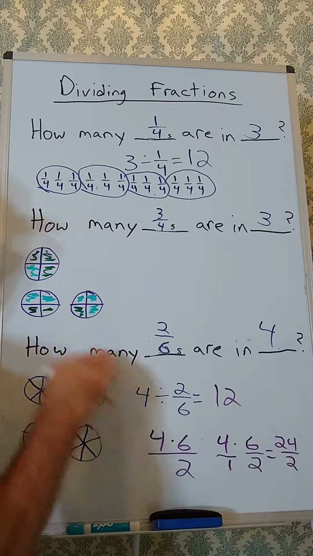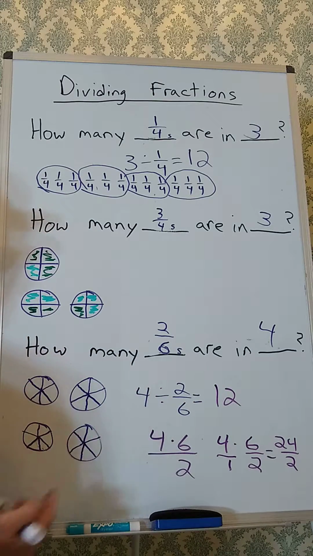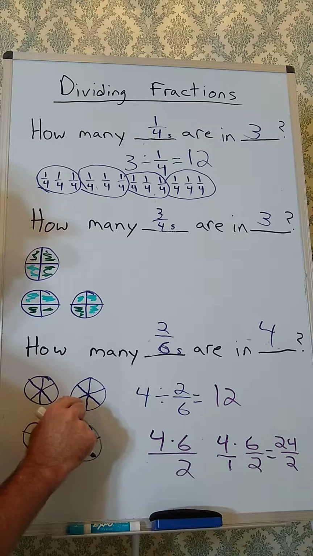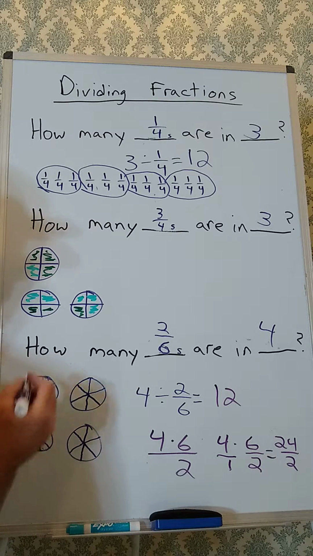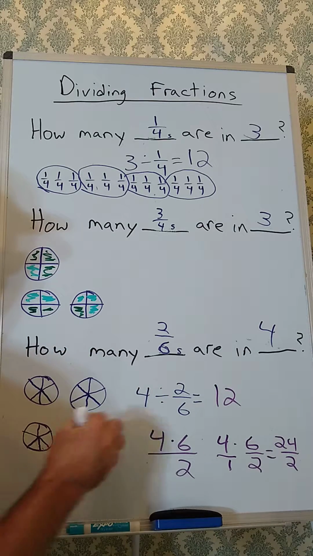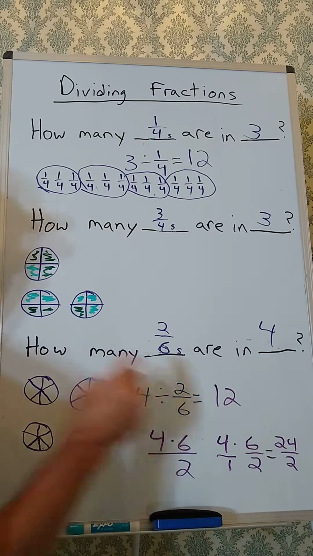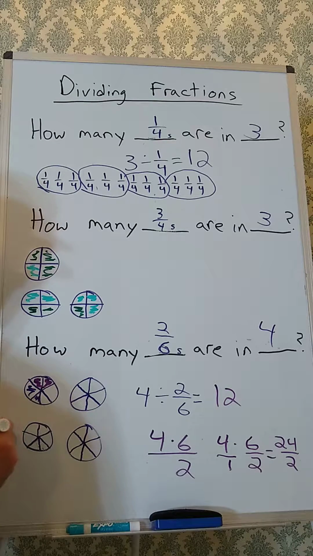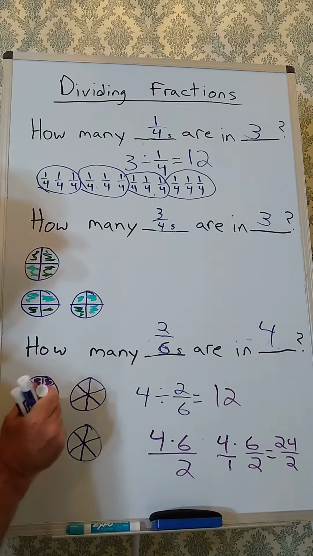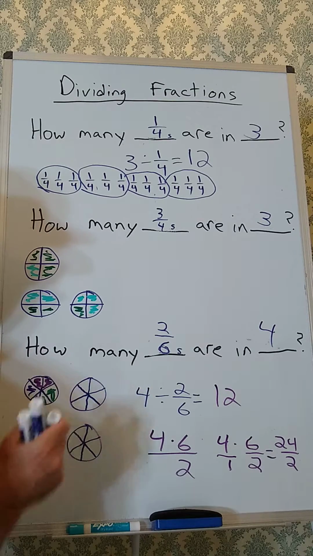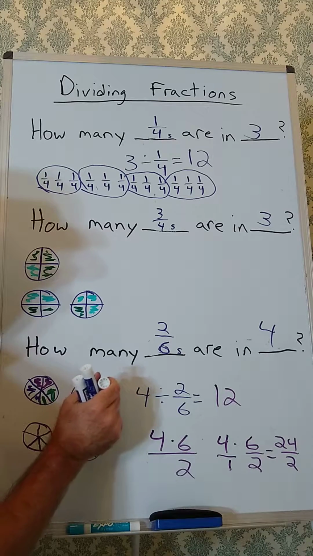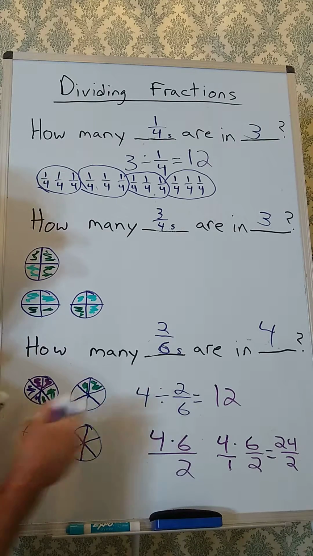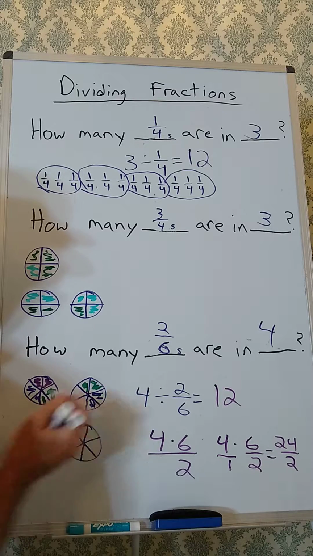And let's see in the picture. So 4 divided by 2/6, we have 24 sixths because each whole has 6 sixths. And we're dividing these 24 sixths into groups of 2. So there's a 2 sixths. There's a 2 sixths. There's a 2 sixths. There's a 2 sixths. There's a 2 sixths.